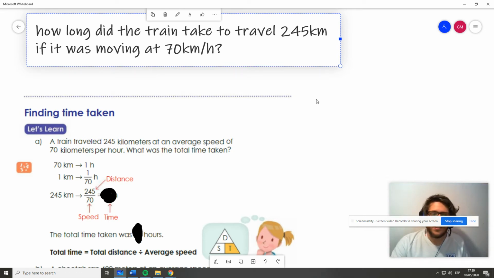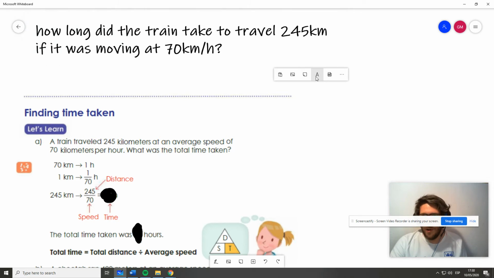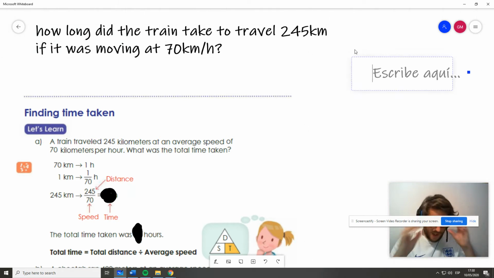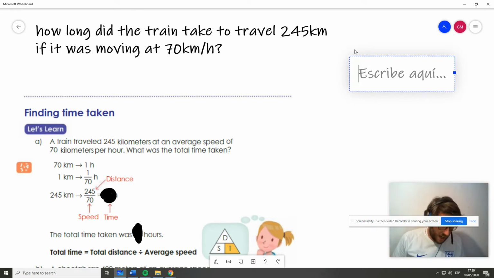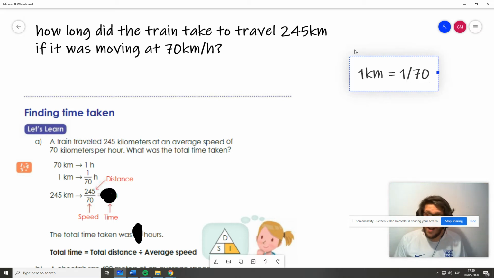So the first thing we do, as you can see here, is we say, well, 70 kilometers is 1 hour, right? 70 kilometers is how far the train travels in 1 hour. So that would mean if a train goes 70 kilometers in 1 hour, then 1 kilometer is the same as 1/70th of an hour, because in 1 hour the train goes 70.